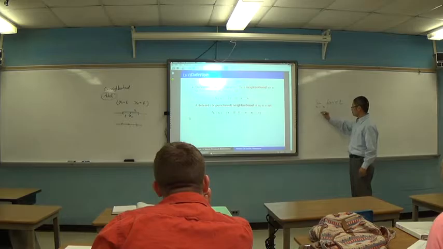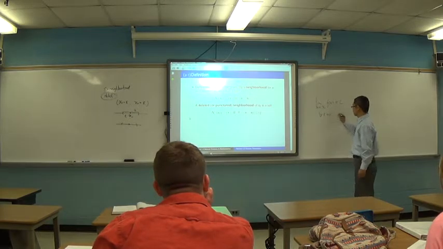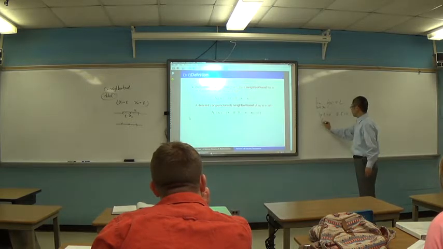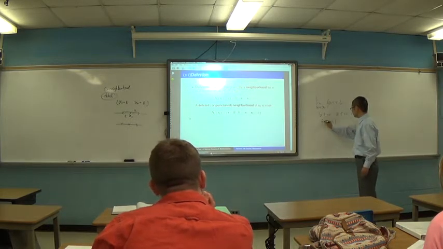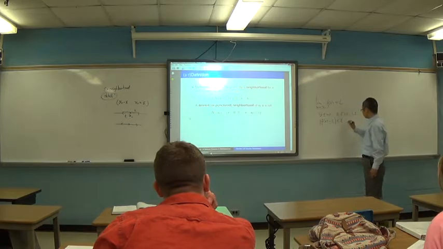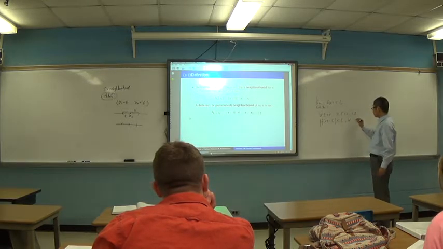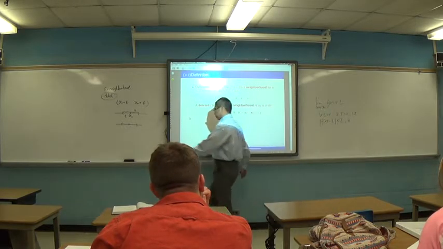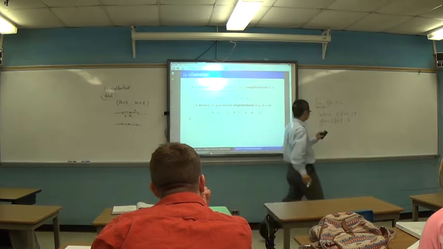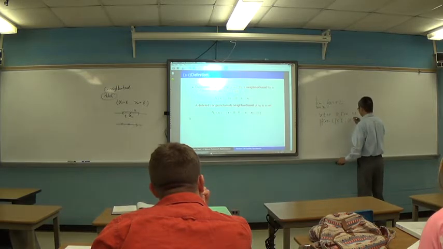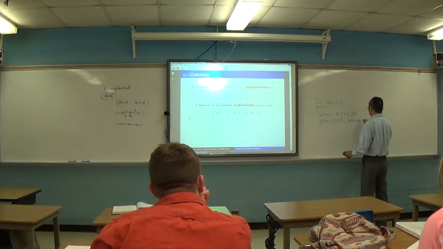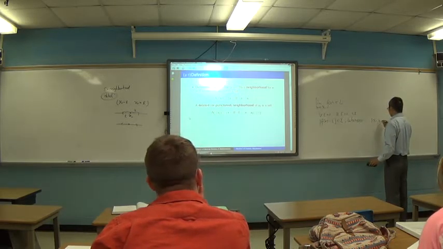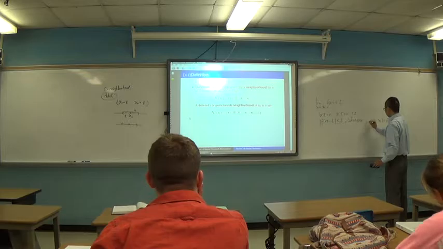The definition is: for any epsilon greater than 0, there exists delta greater than 0 such that |f(x) minus L| is less than epsilon whenever |x minus x0| is less than delta and greater than 0.